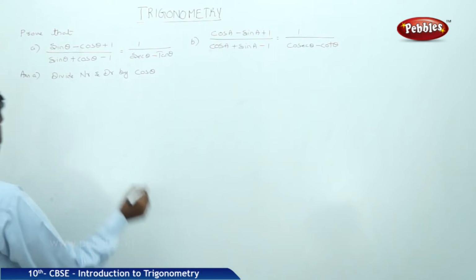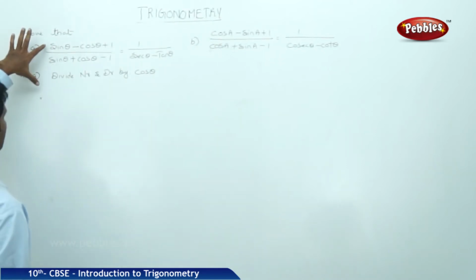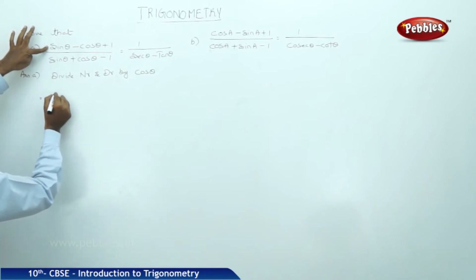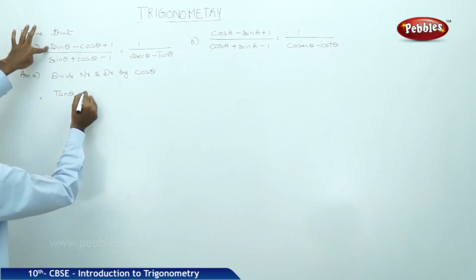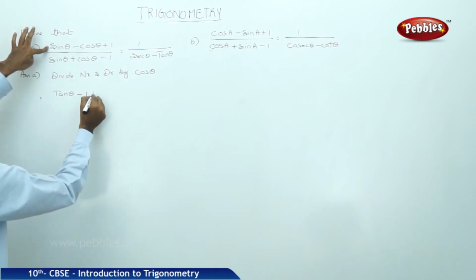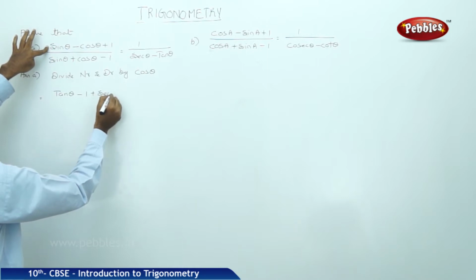That is, my LHS changes to sin by cos, that is tan theta, minus cos by cos 1 plus 1 by cos secant theta.